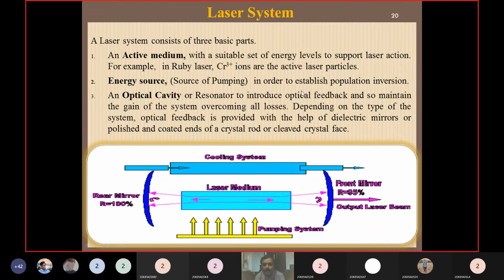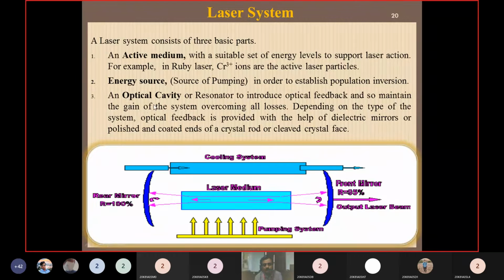Now, the energy source. In order to establish population inversion, we need some energy source to get the population inversion. That is either electrical pumping or optical pumping, whatever the energy source is. Energy sources are a must to get the pumping, that means to achieve population inversion.